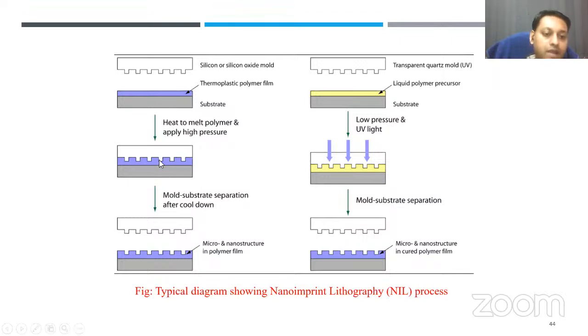When it cools down, this pattern will remain. This is only applicable for polymer substrates or thermoplastic polymer substrates. The same is also possible with a transparent quartz mold, as explained here.